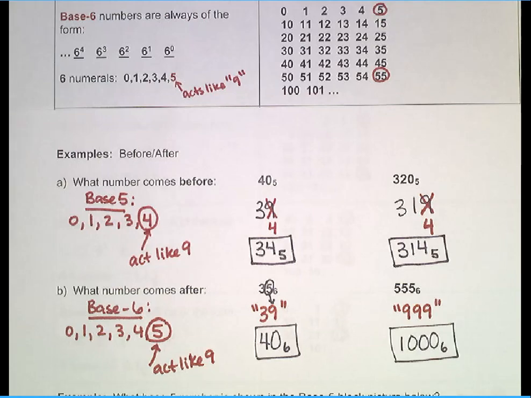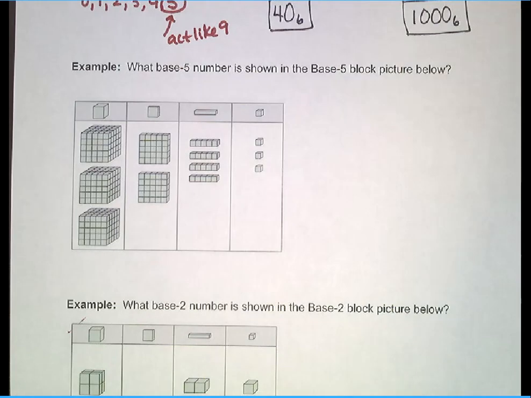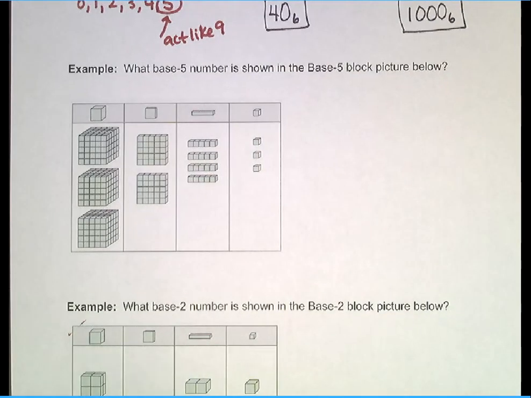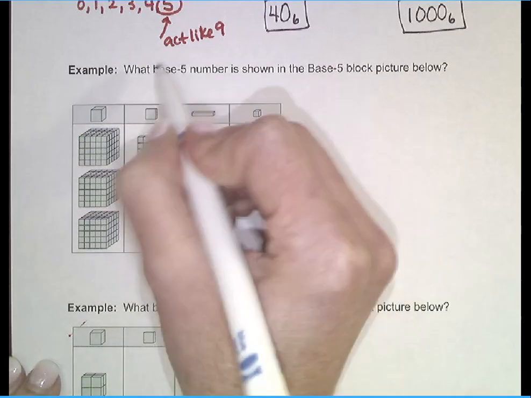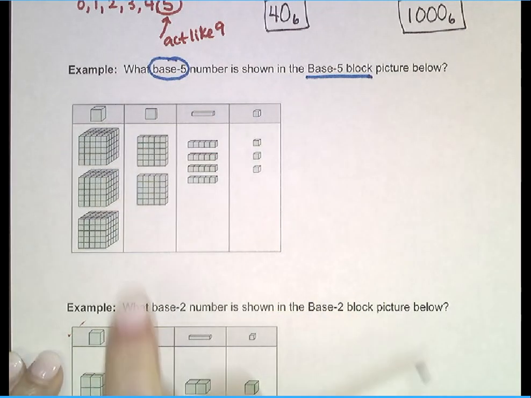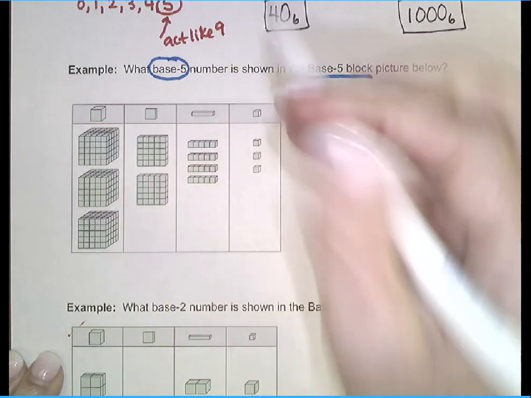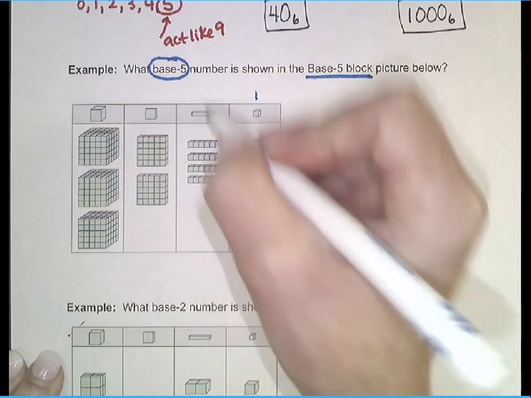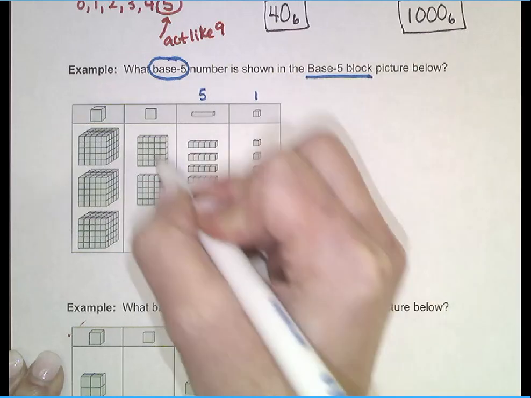the base. All right, so to end this video with some easy questions, these are ones that are so easy they're hard, and students always overthink them. It says in the instructions, what base 5 number is shown in the base 5 block picture? These are 1s and 5s and 25s.